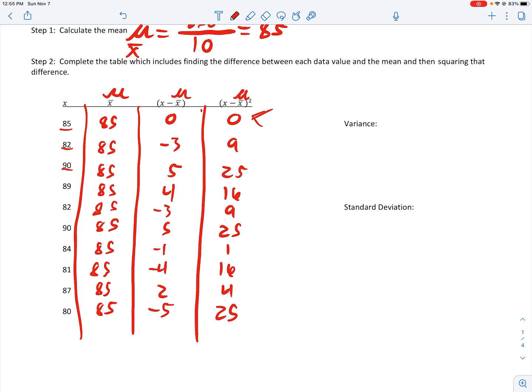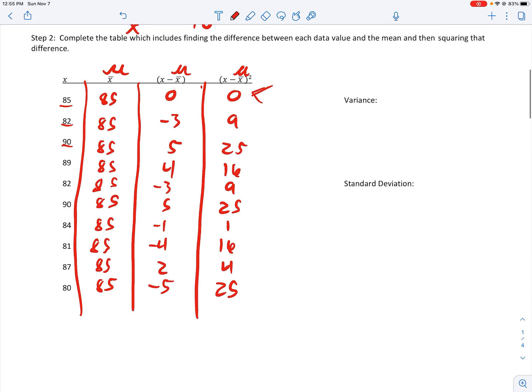So we're going to find the variance. In order to find the variance, we need to first add up our 10 numbers here in the last column. So do that now, on paper, grab a calculator, but if you add them up, you should get 130. To find the variance, we'll use the symbol which we call sigma.